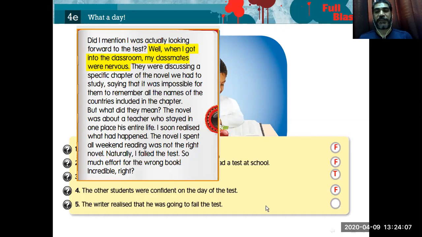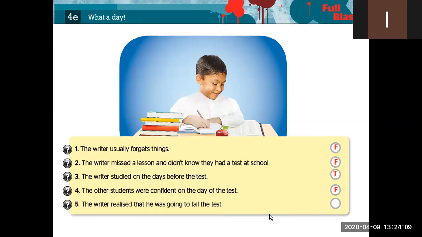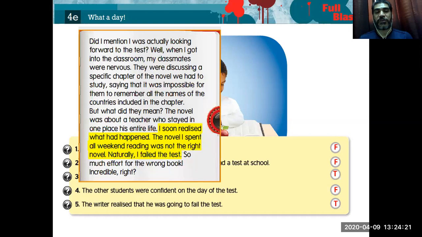Okay. The writer realized that he was going to fail that test. True. Why? Read this yellow part. Okay. I soon realized.